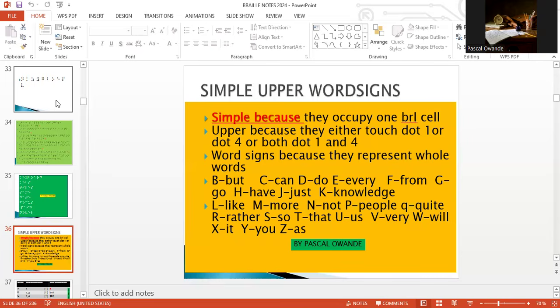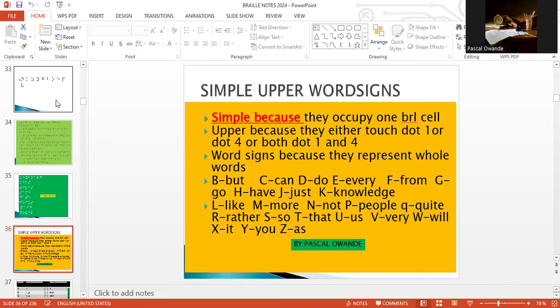In the last 3 lessons, we realized that one Braille cell has 6 dots. And they are upper because they either touch dot 1 or dot 4, or even both dot 1 and dot 4. And that they are word signs because they represent the whole words in Braille.